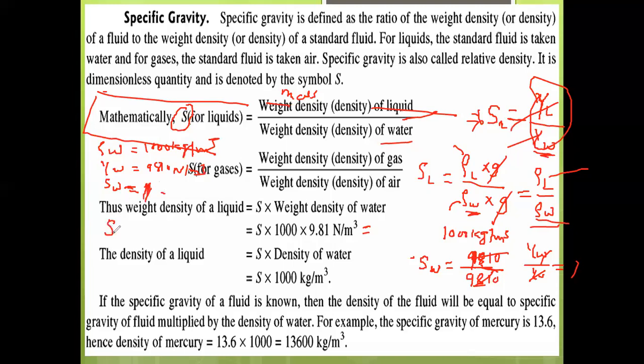And one more value we should remember: I have told you that the specific gravity of mercury, Hg, is 13.6. Keep this value in mind also, because while solving problems we may come across it.